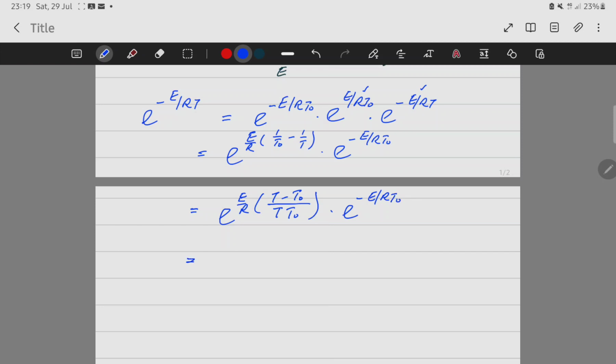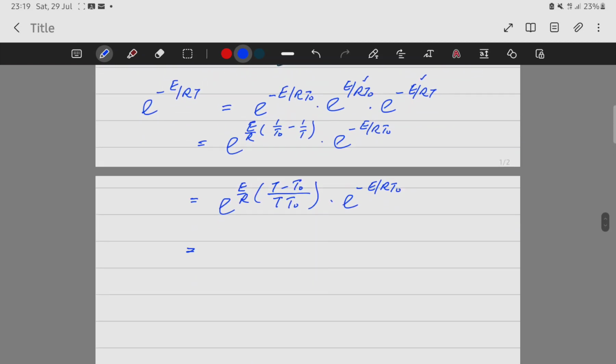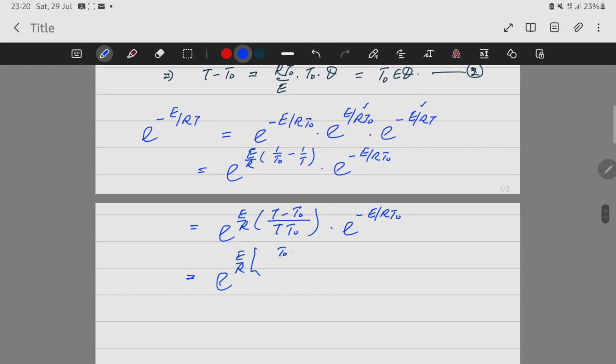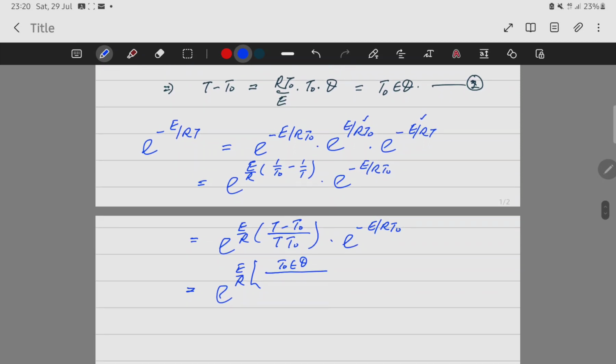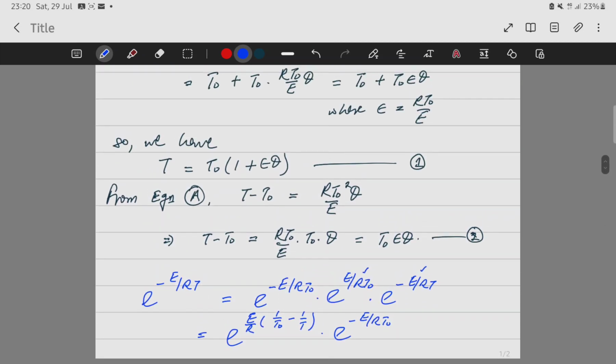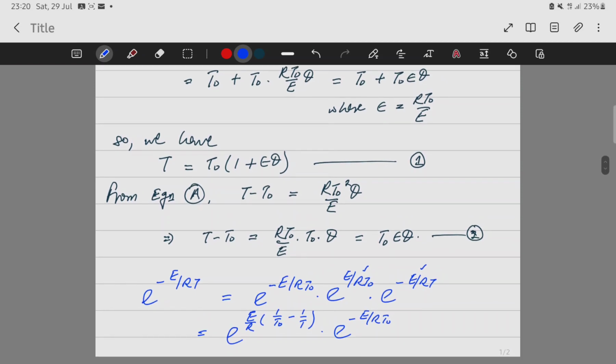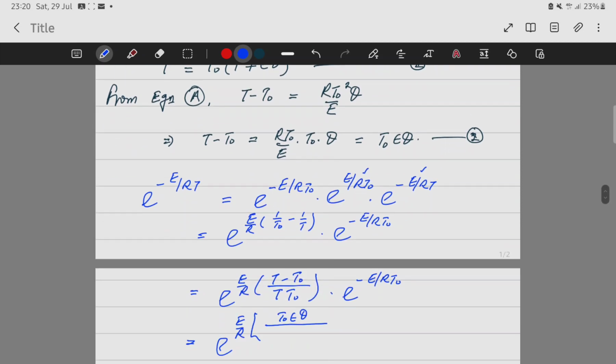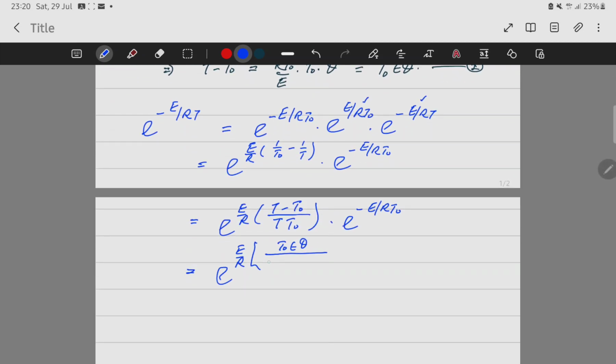So substituting equation 2 and equation 1 in this one, we have e raised to power E over R into T minus T naught, which is T naught epsilon theta, divided by T T naught. Equation 1 says that T is equal to T naught into 1 plus epsilon theta, so T is T naught into 1 plus epsilon theta, multiplied by T naught.